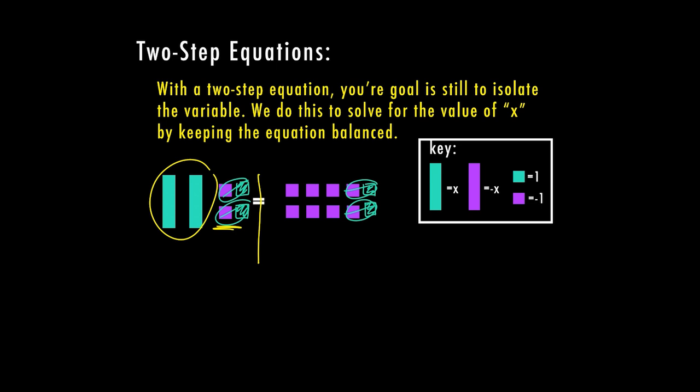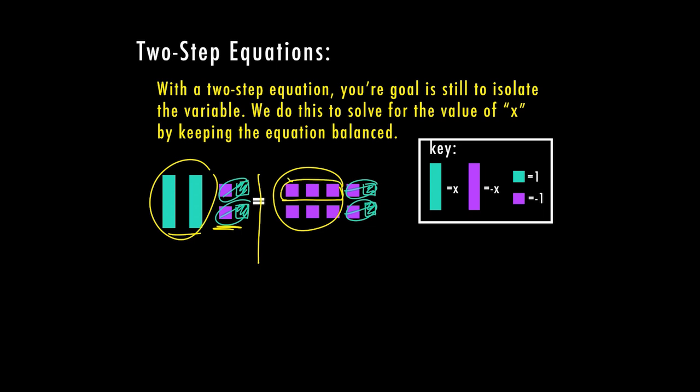So now what I'm left with are these two x's from the beginning. They're going to equal -6. So my last step is to split those 6 negatives into the two x groups. I want to find out how many of these 1s go in each group. I can see here that this one's pretty easy to split down the middle.